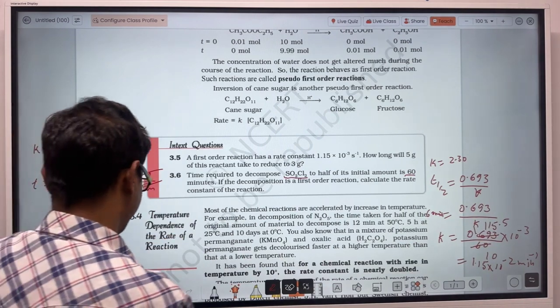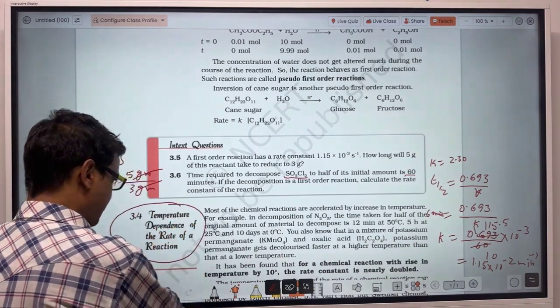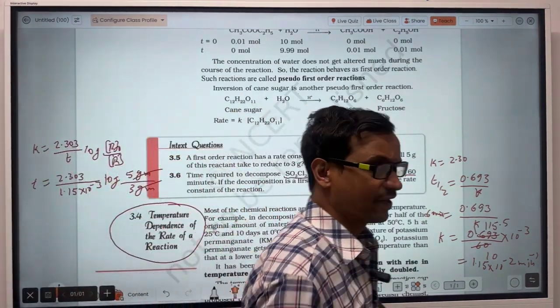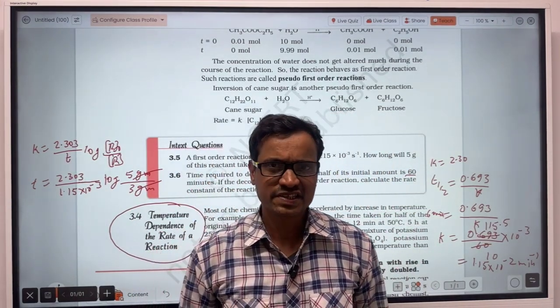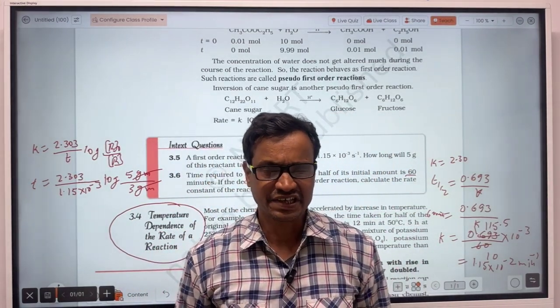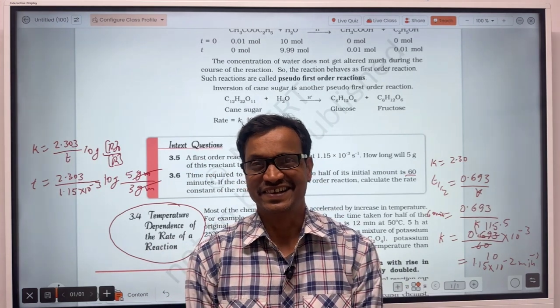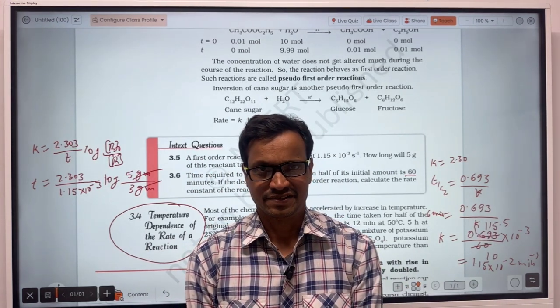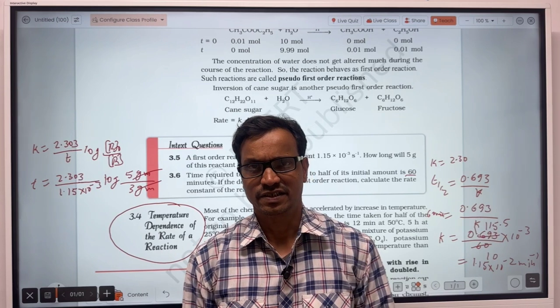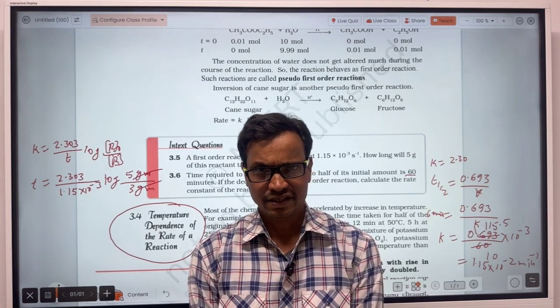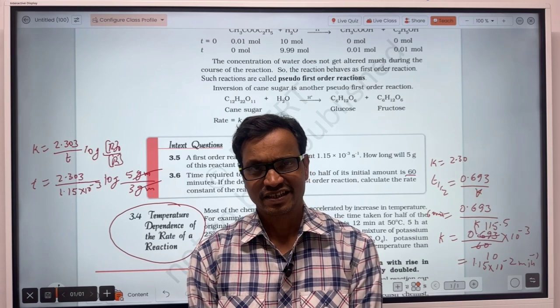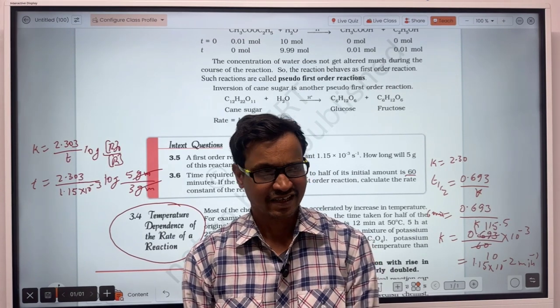Very easy. Then after this, temperature dependence of the rate of a reaction. Generally, on increasing the temperature, the rate of reaction increases.